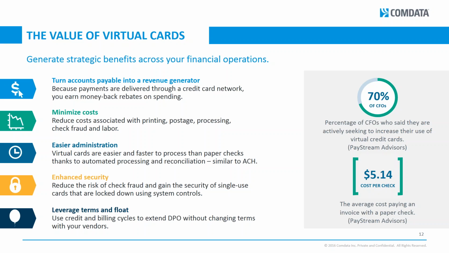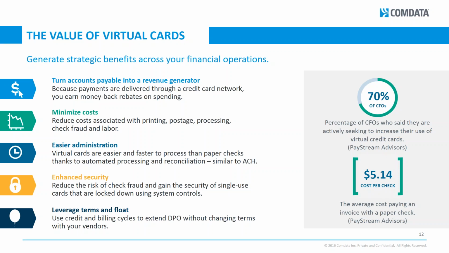Anything that we can do to assist you in chipping away at that cost is a win in my book. On top of that, there is rebate to be had. We are a premier issuing Mastercard partner, which means that we offer rebate on every dollar that goes out the door.